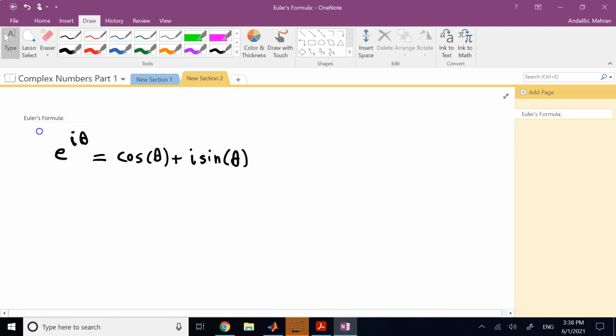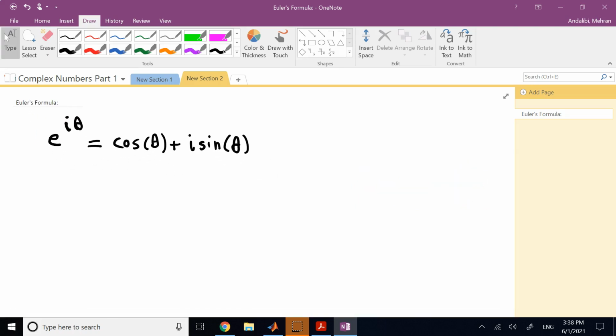And you might say, where does that come from? What does exponential have to do with cosine and sine, and how come this power I now comes down and is written as the multiple of sine? Well, this is easily provable if you use the Maclaurin series for sine, cosine, and exponential.